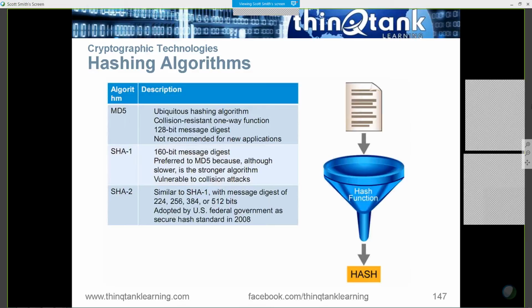SHA-1 takes an arbitrary amount of data and generates a 160-bit digest. So it's actually considered to be stronger because of the key space.